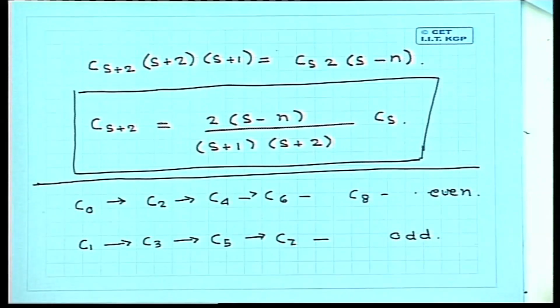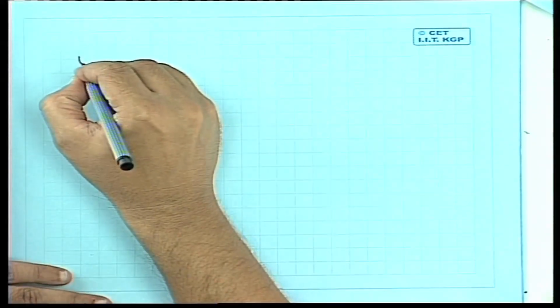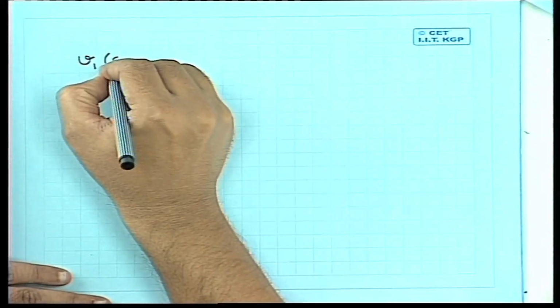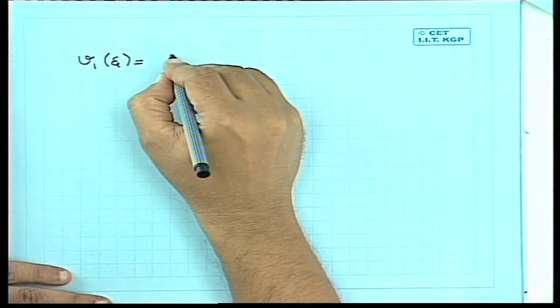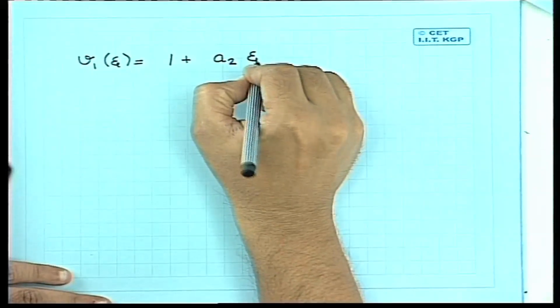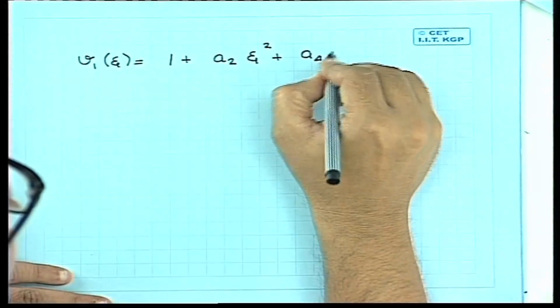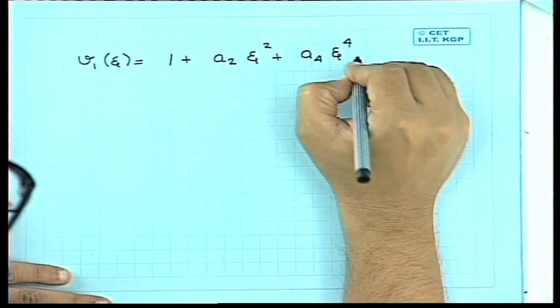So we have two independent series, one arising from C0 and the other from C1. So there are two independent functions. We can write the whole thing in the following way. We have one function V1 of xi, which we can write as 1 plus A2 xi square plus A4 xi to the power 4, etc.